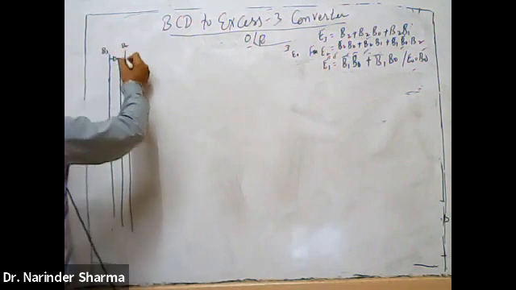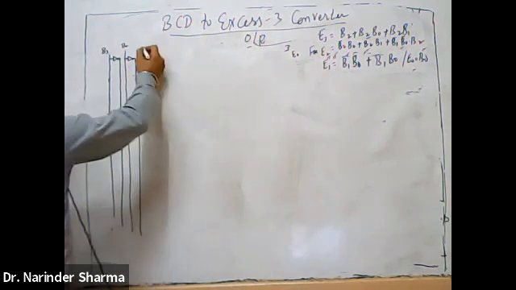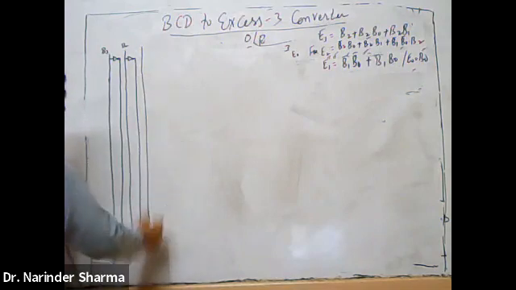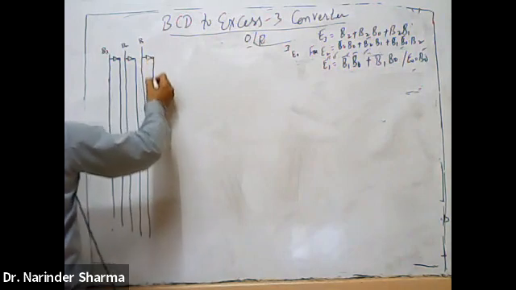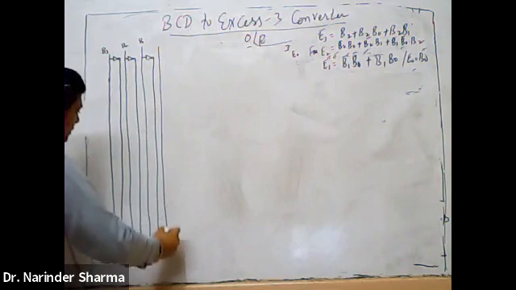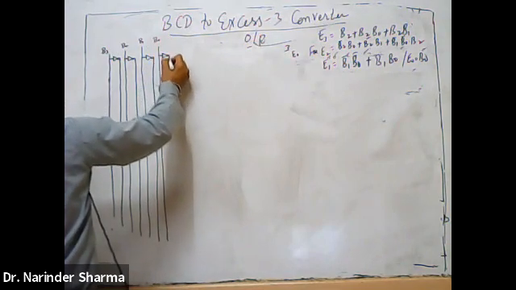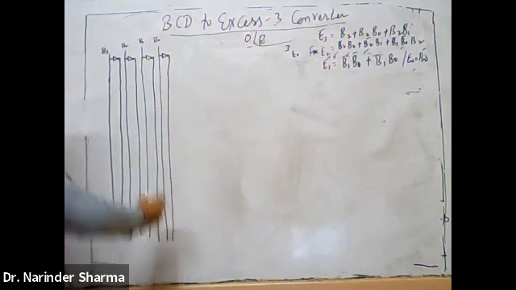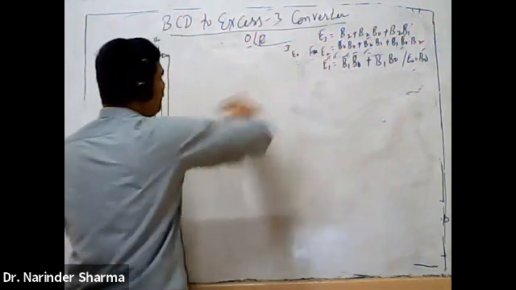B2, not gate, that would be B2 bar. B1, not gate, B1 bar. B0, not gate, B0 bar. Now we will pursue for the expression number first, that is E3.